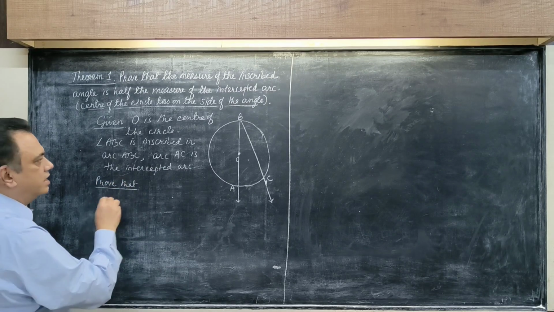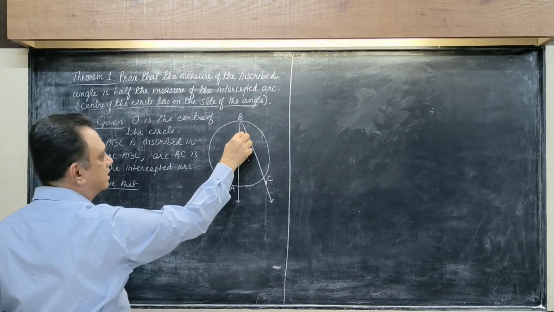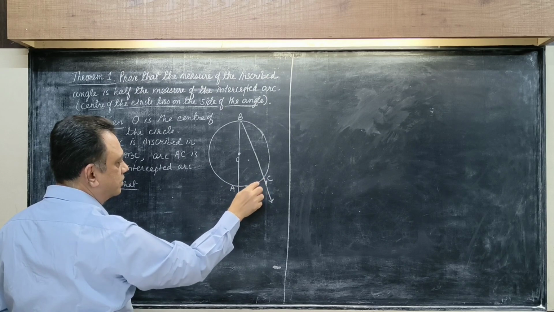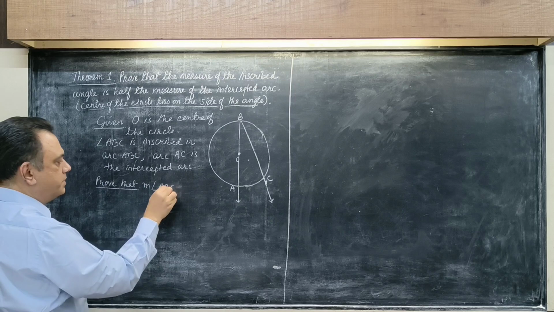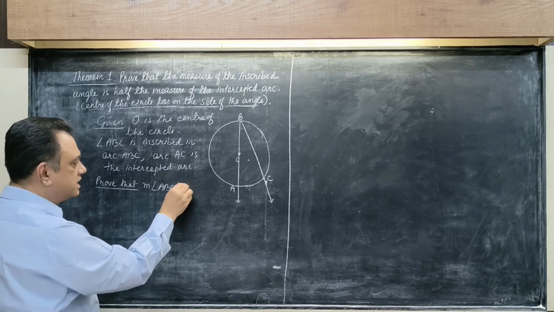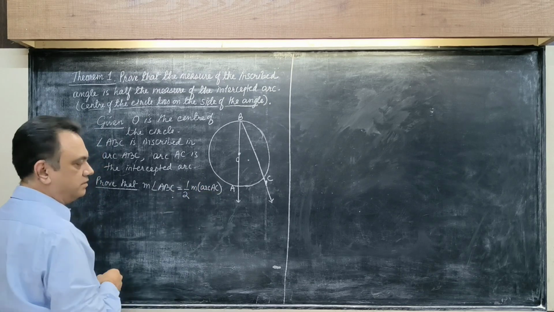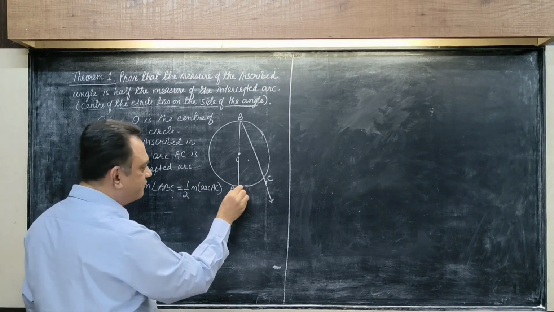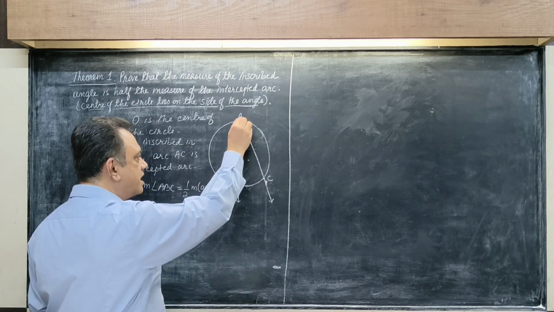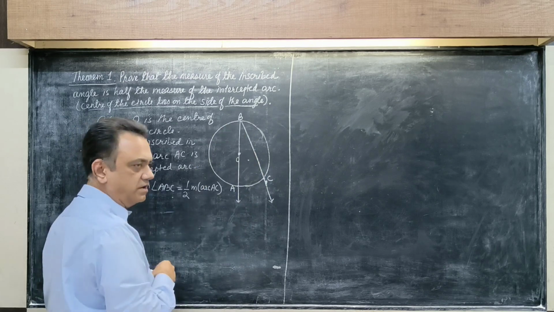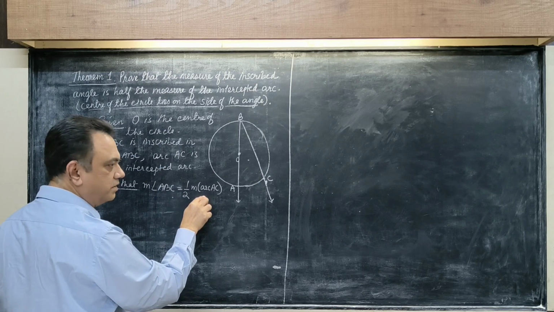To prove that measure of the inscribed angle is half the measure of the intercepted arc. Measure angle ABC is half of measure arc AC. If arc AC is 60 degrees, measure angle ABC will be 30 degrees. That's the idea. So this thing we have to prove.